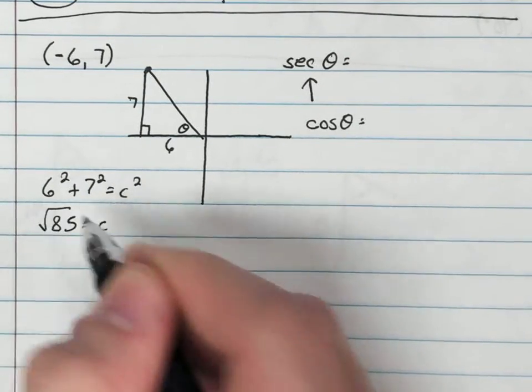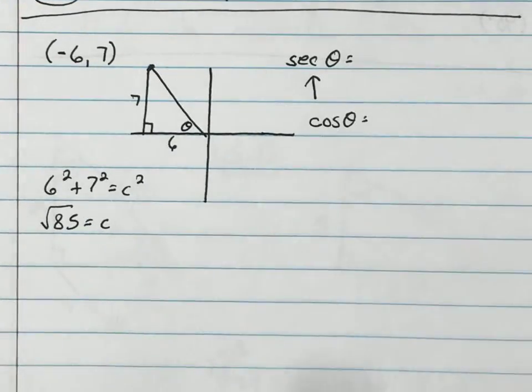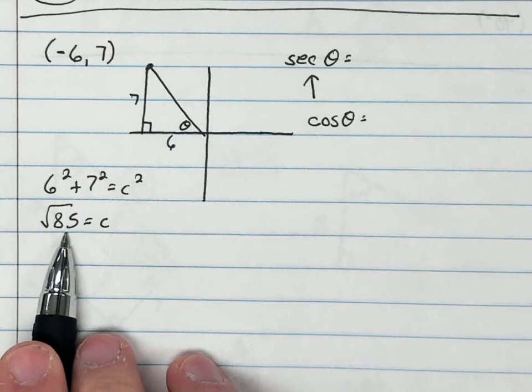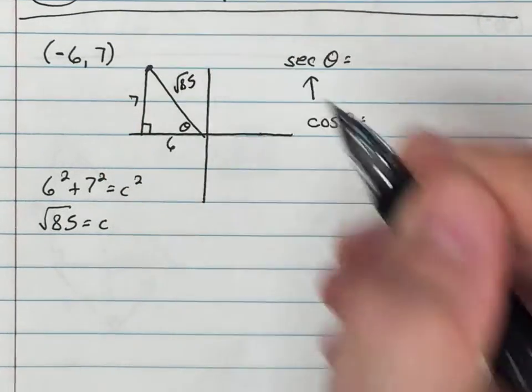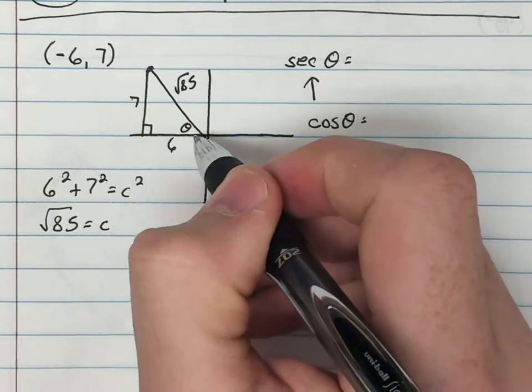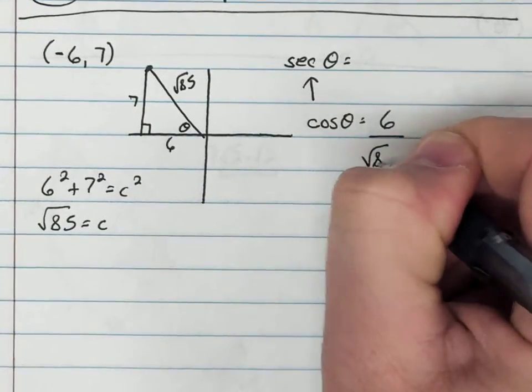So c would be root 85. 85 is c squared. To get rid of the square, take the square root of 85. You can try to simplify it. 17 times 5 gives you 85, and there's no other way to break that down, so this is just root 85. Cosine, again, is adjacent over hypotenuse, which would be 6 over root 85.